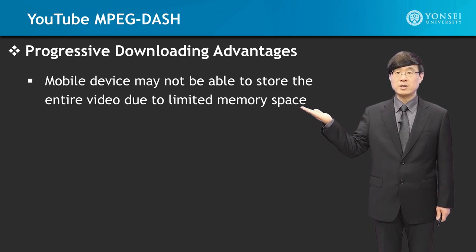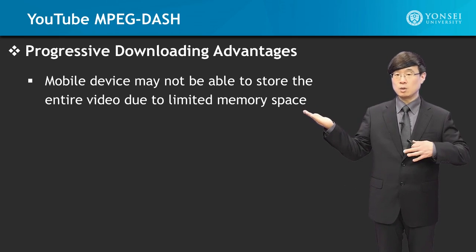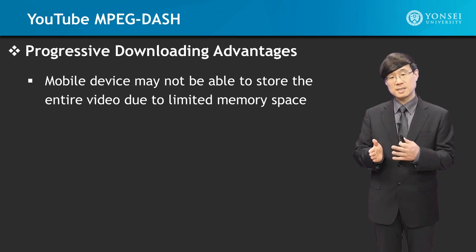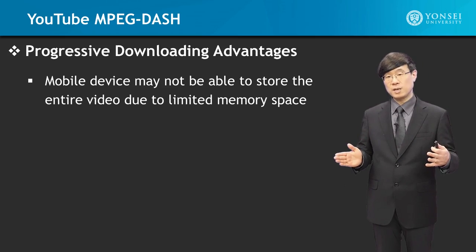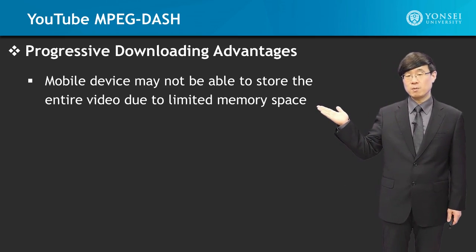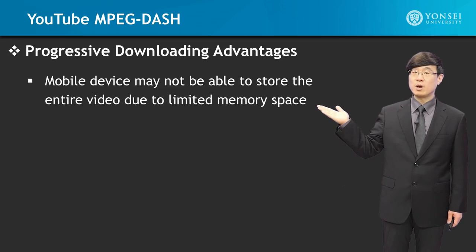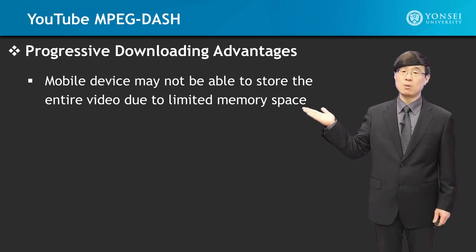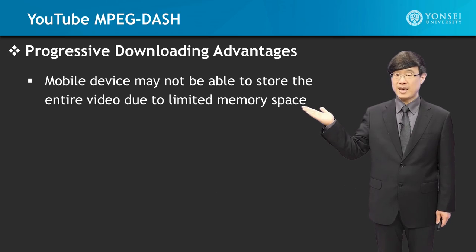However, progressive download is a technique in which the downloading amount may be about 2 seconds, 10 seconds, maybe even 30 seconds worth, and that will be in the buffer and displayed. Therefore, the parts that have already been viewed can be erased, so you do not need to save the entire file. And that is a real advantage for devices that have limited memory.